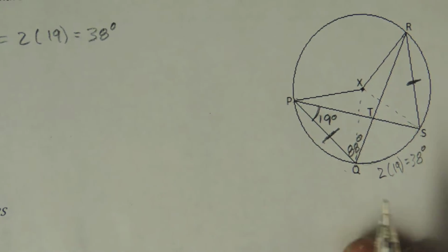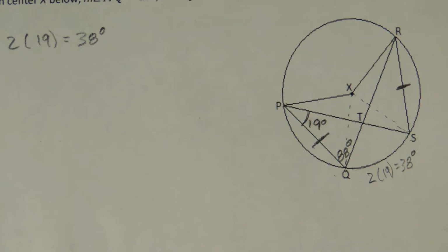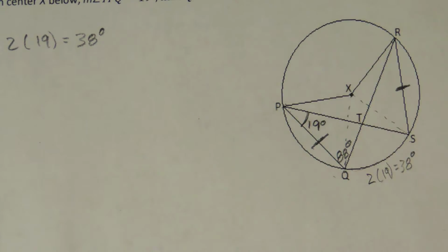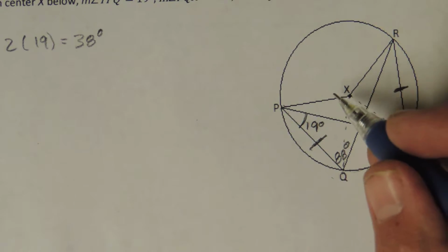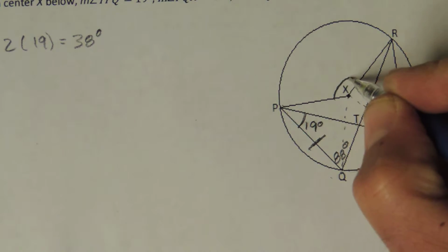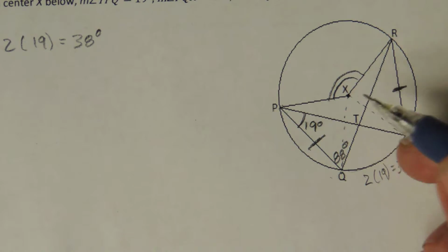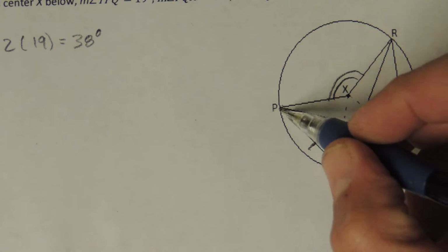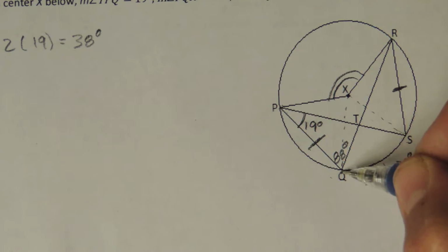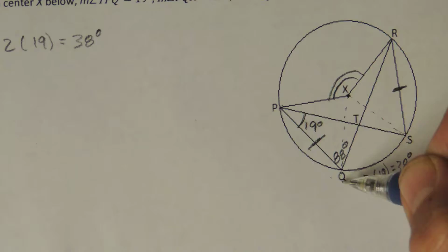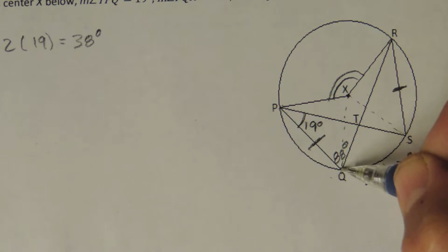Measure of arc PR. PR is this arc. And so I need this central angle right here. I don't have that central angle, but once again, P, R and Q is the corresponding inscribed angle. It's inscribed because Q is on the circle.